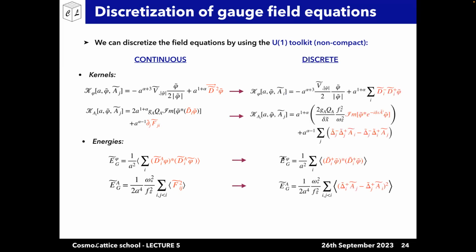And basically, you just inspect the kernel and identify all the derivative operators, and then you substitute them by the corresponding expressions on the lattice. Right? And note that all of these terms are not written in terms of links. They are written in terms of the gauge field, because as we are going to work in a non-compact formulation, these terms only depend on the gauge field component. Right?